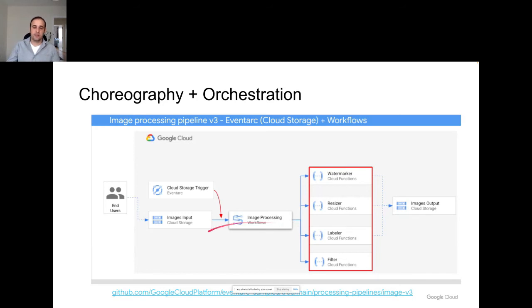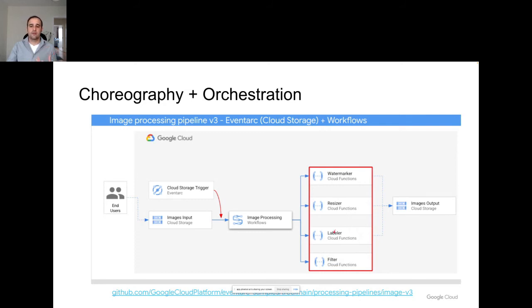For example, in this example that I have on GitHub, I want to create an image processing pipeline where a user saves an image to an input bucket, and then I have a number of functions that will process that image. So this first function is a filter function that will filter bad images using machine learning.